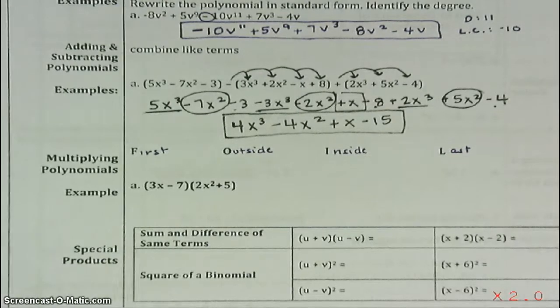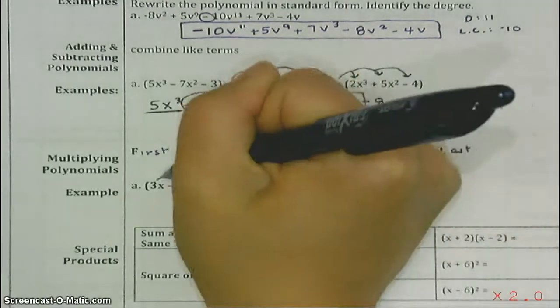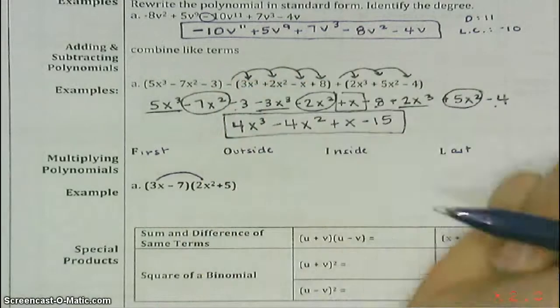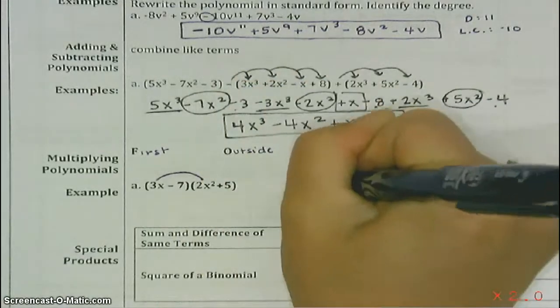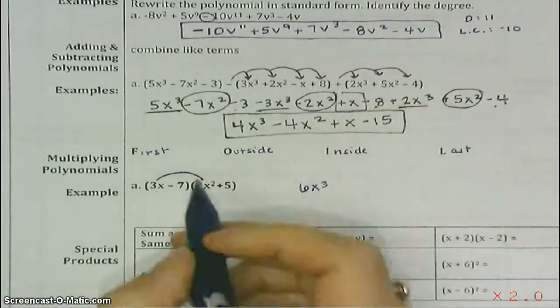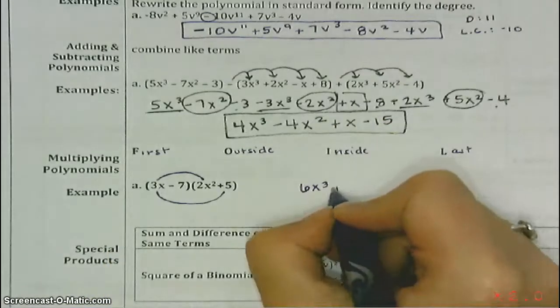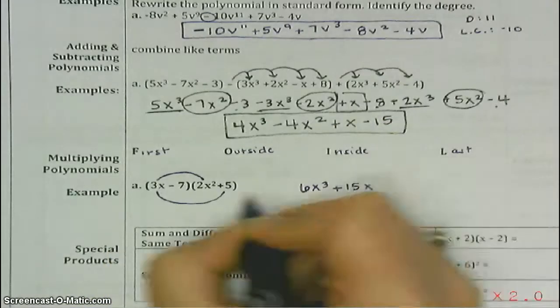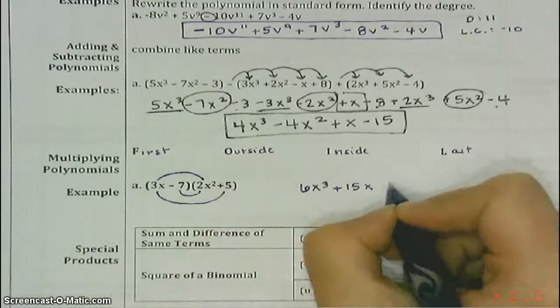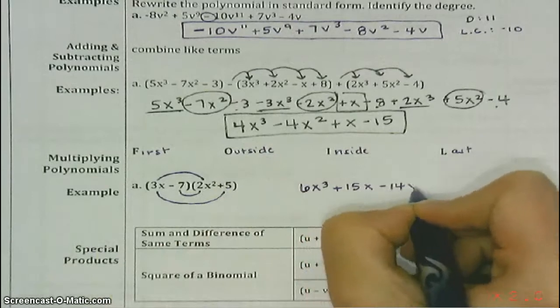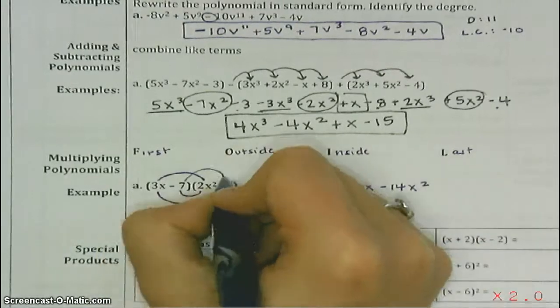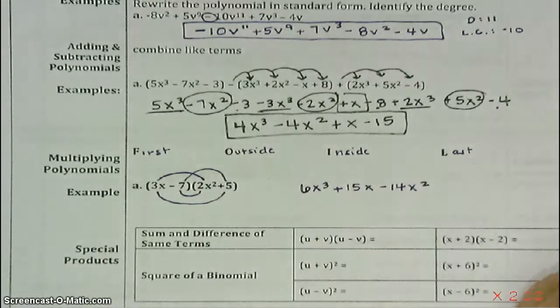So if we follow the FOIL method, it's going to be first, so 2 times 3 is 6x to the third. Outside, you get 15x. Inside, negative 14x squared. And then last, negative 35.